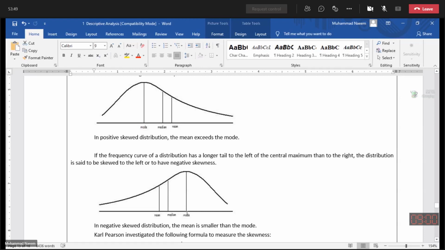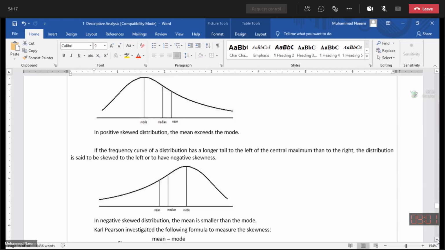So what we have actually in this case, mean is less than median, or mean is less than mode, or median is less than mode. We say that the distribution is negatively skewed. So this is one way to calculate the skewness using mean, mode, median.